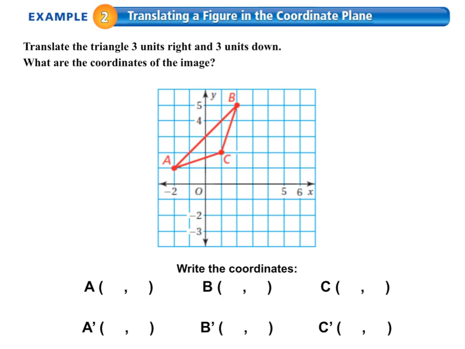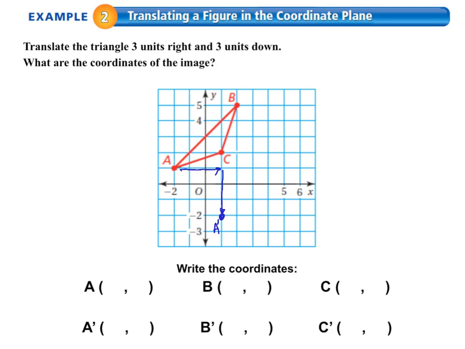We don't have to get all that fancy here, so we're really just going to take each point. I'm going to start with vertex A, and I'm going to move it 3 units right and 3 units down, and put a new dot there, and that's going to be called A prime.